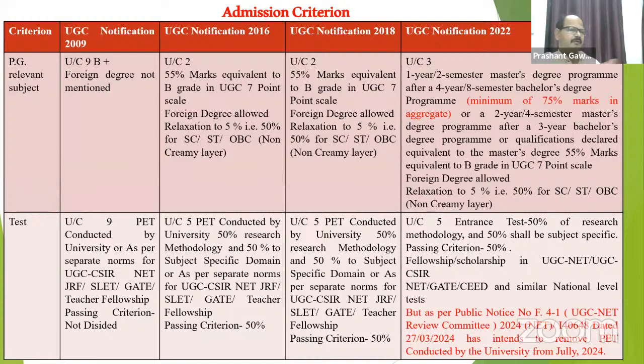Now the admission of students, the criterion laid down for the admission of students: a PG in the relevant subject. Under the UGC notification 2009, under clause 9, a master's degree with B plus, this student is allowed to take admission to the PhD.